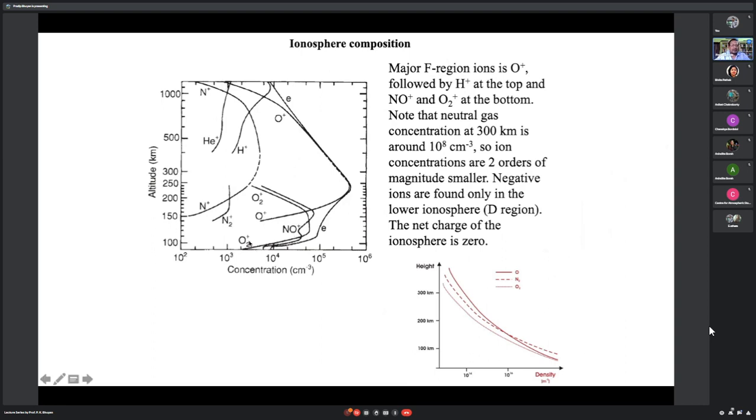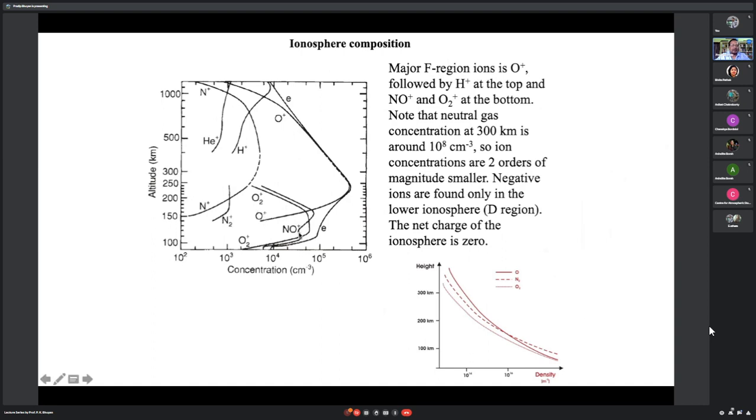O2 plus is maximum below 150 kilometers, then reduces very fast, and you won't get much O2 plus above 250 kilometers or so.